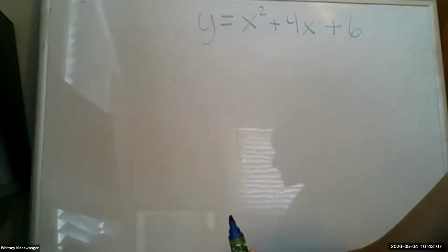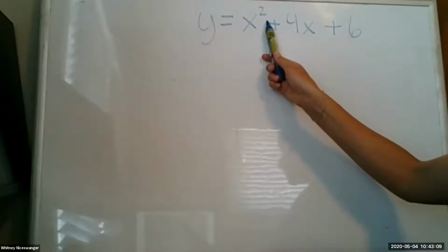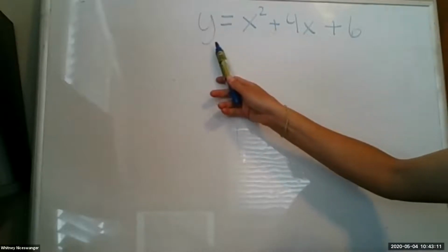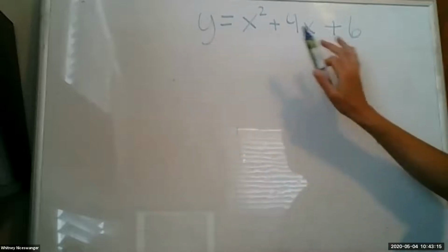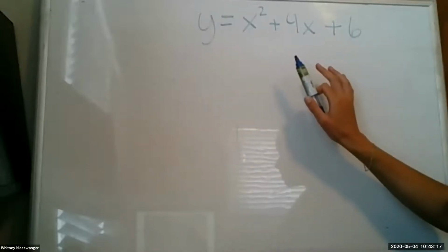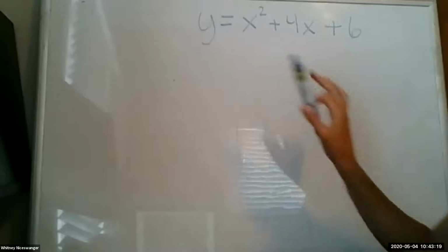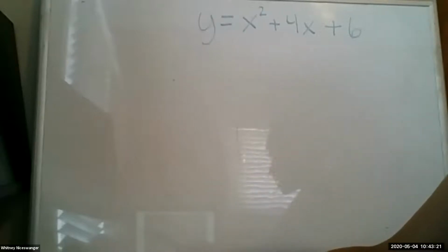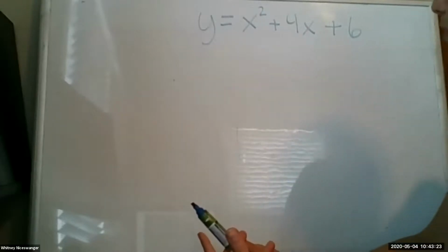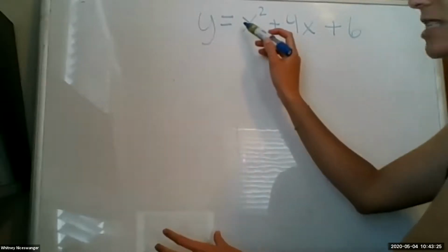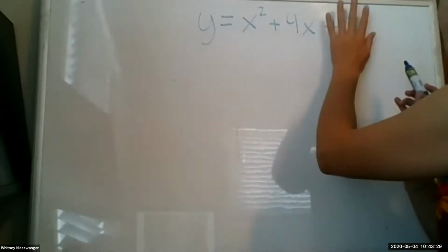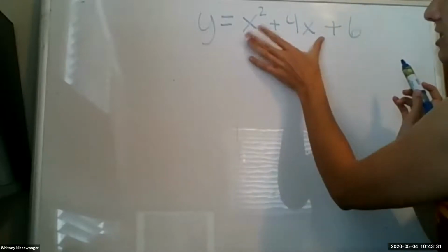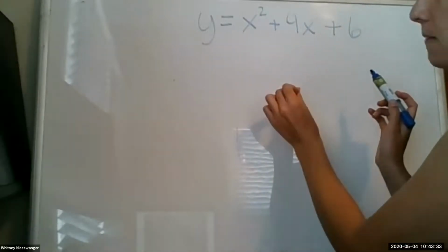We identify it as a parabola because the x is squared, the y is not squared, okay? And remember, it has nothing to do with what's on what side of the equation. All that stuff can be moved around just with addition and subtraction, right? So remember how to complete the square. What we basically want to do is look at these two terms and modify this last term so that this is a perfect square, okay?